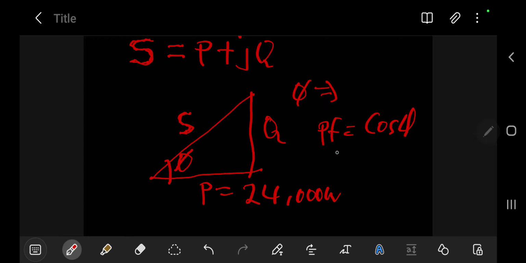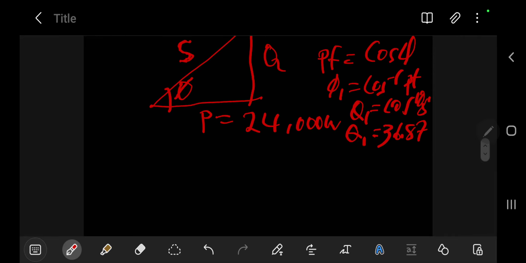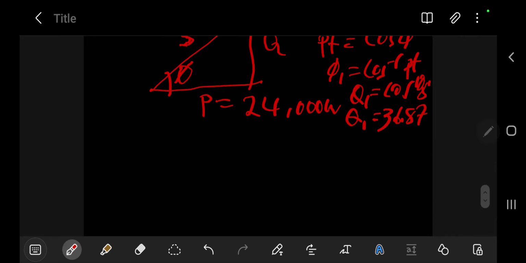So we can easily determine phi 1 to be the cosine inverse of the power factor, cosine inverse of 0.8. If you punch this on your calculator, you get 36.87 degrees. So you have your phi 1.